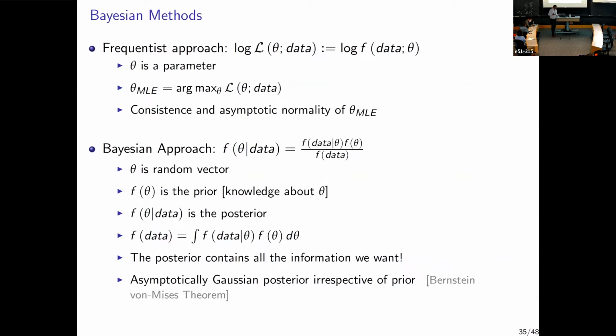And if we know the posterior, then that summarizes everything we know about theta. So we can compute the asymptotic distribution and so forth. And moreover, there is a series of results, the Bernstein and von Mises theorems, that essentially say that under some sufficient conditions, irrespective of the prior that you have on theta, the posterior is going to end up being Gaussian. Okay.